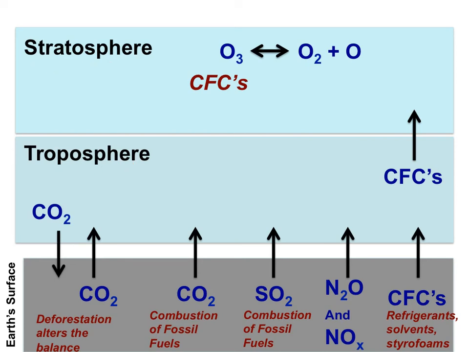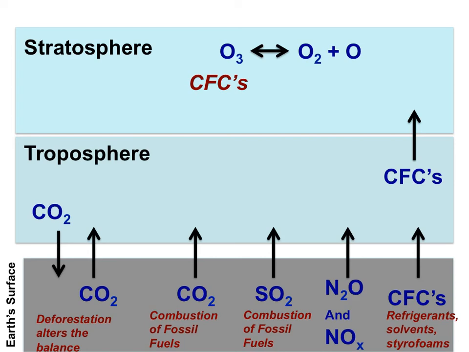Humans impact the natural balance of photosynthesis and respiration through deforestation, which adds carbon dioxide to the troposphere. Humans increase the concentration of carbon dioxide in the troposphere when we burn fossil fuels. Humans add sulfur dioxides and nitrogen oxides to the atmosphere when we burn fossil fuel, and nitrogen oxides when we spread fertilizers on farm fields.